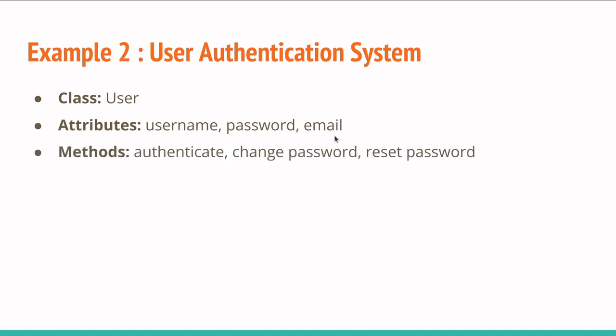And the methods for this user authentication system are authenticate, change password, reset password. This will be part of the class User, and this will be accessible with what? With the object. And there are n number of objects: user1, user2, user3. So these users are the representatives of this User class. The attributes are username, password, email, etc. And the methods are authenticate, change password, reset password.